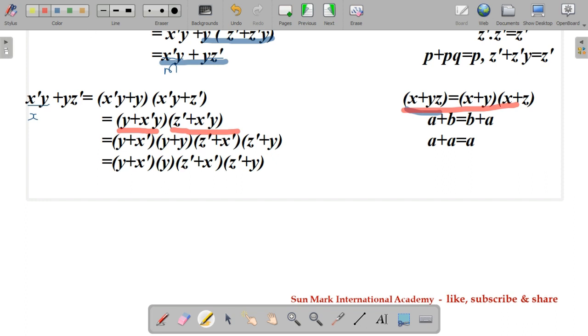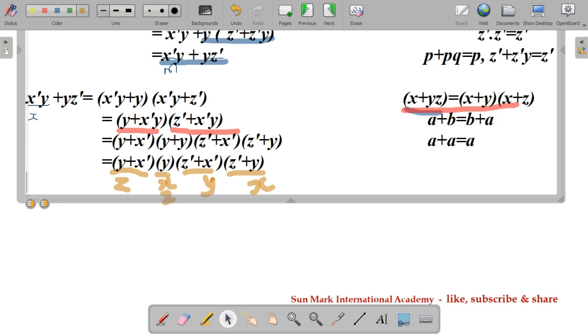In the first max term, which one is missing? Z is missing. Here x and z are missing. Here y is missing, and here x is missing. So these are the missing terms.